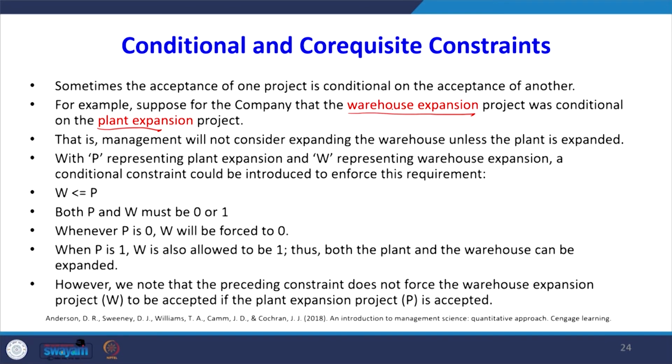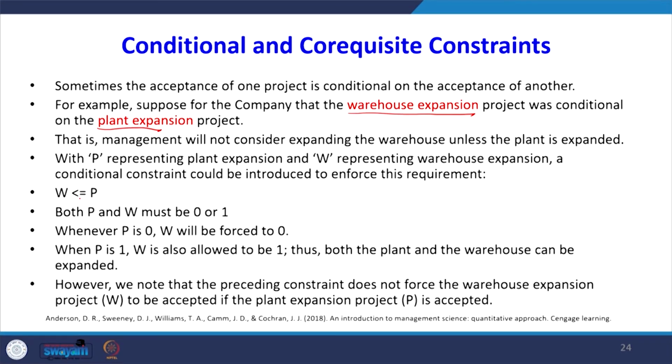So how to consider these constraints? The management will not consider expanding the warehouse unless the plant is expanded. With P representing the plant expansion and W representing the warehouse expansion, a conditional constraint to enforce this requirement is W less than or equal to P.